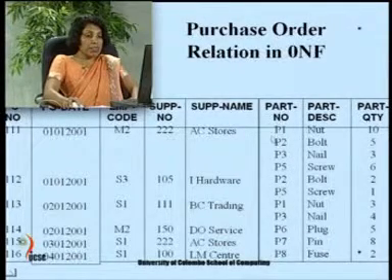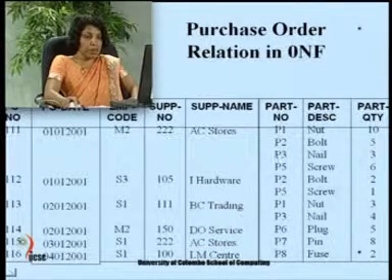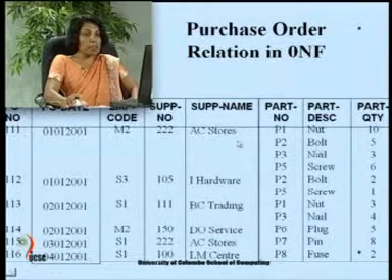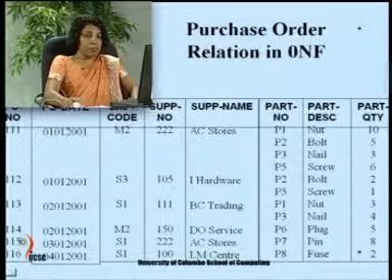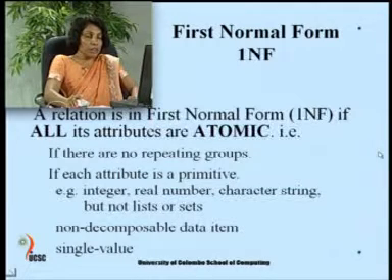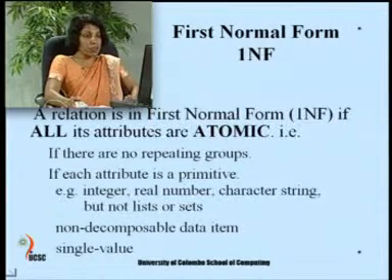So, because of that reason, these part numbers are not atomic. There exist many parts for a particular purchase order. So because of that reason, the original relation is known as an unnormalized relation.